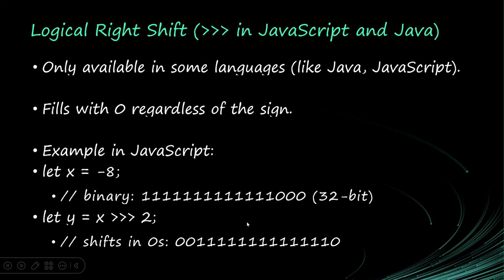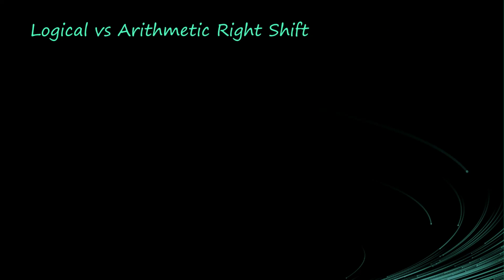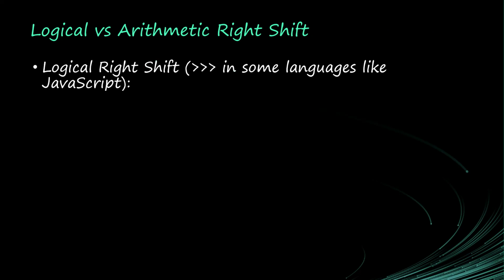You can find it in JavaScript, but don't worry, when we get to programming languages, we'll see them. Especially if you don't really understand, don't bother too much about it. So, what's the difference between logical and arithmetic right shift? The logical right shift has 3 of these arrows, and it's available in some languages. If it is working with signed integers, it doesn't care about the sign bit.